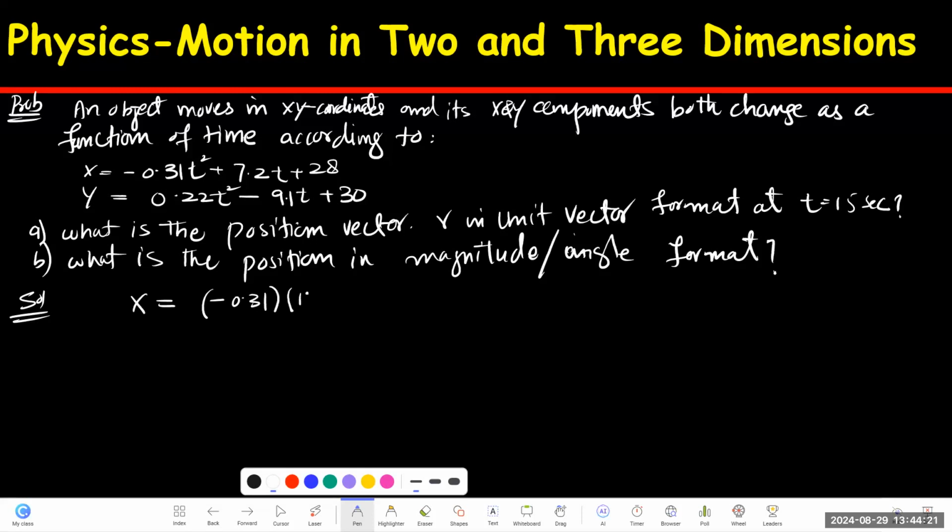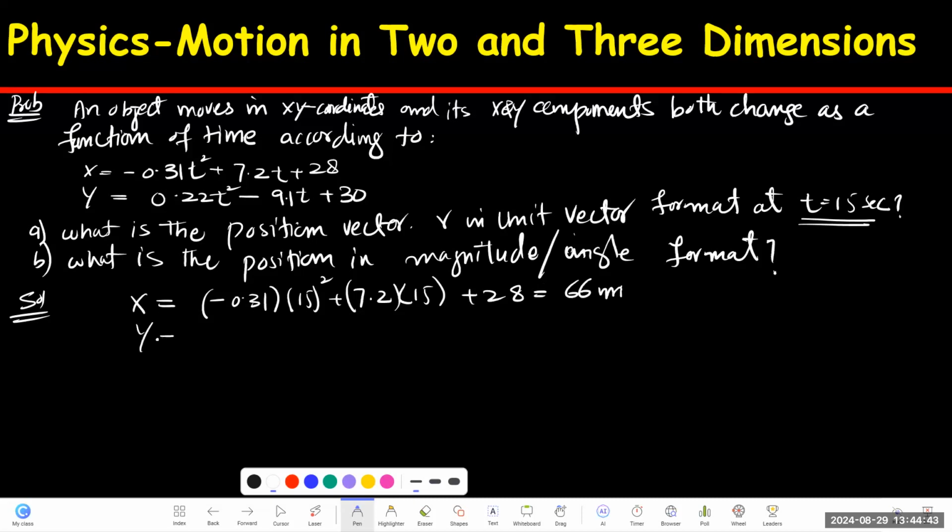So t is 15 squared, because this is given at 15 seconds. Wherever the t is, I'm going to substitute the value, plus 20. We solve this and it's going to be 66.